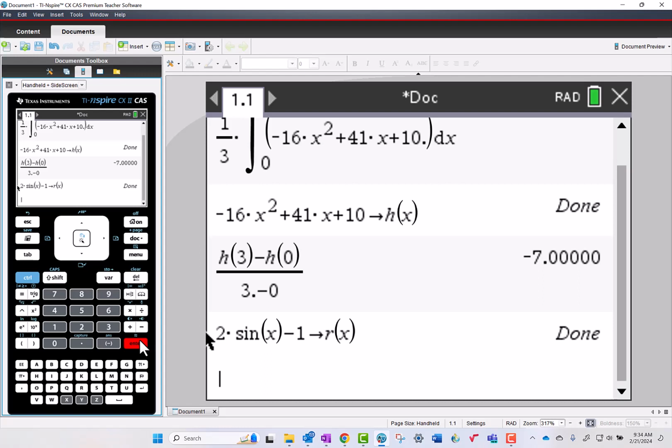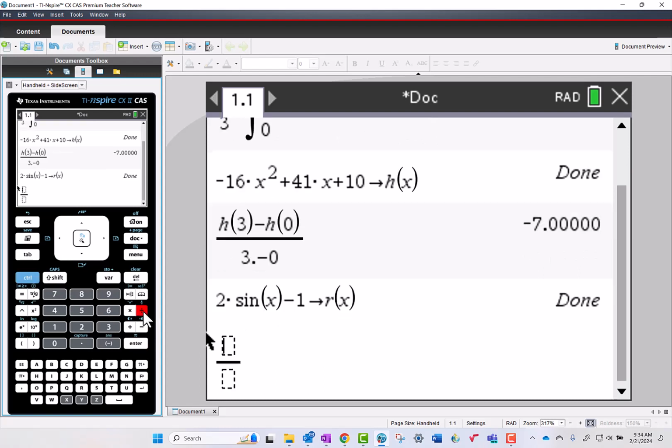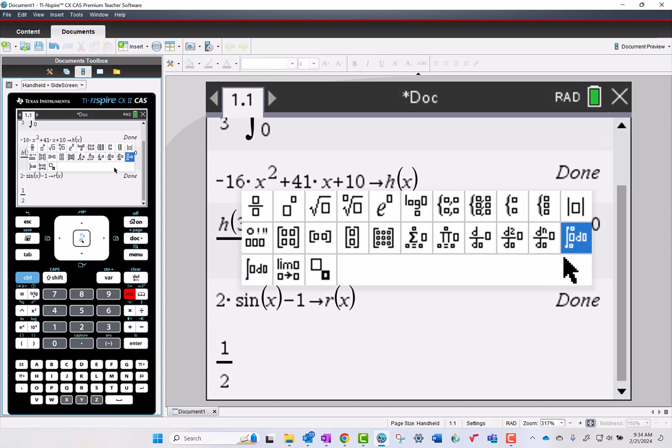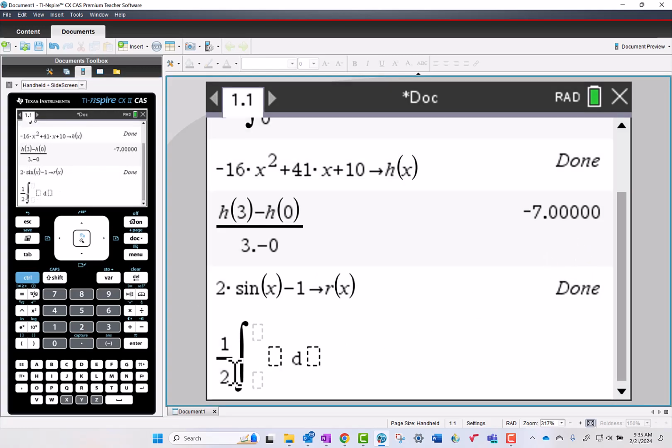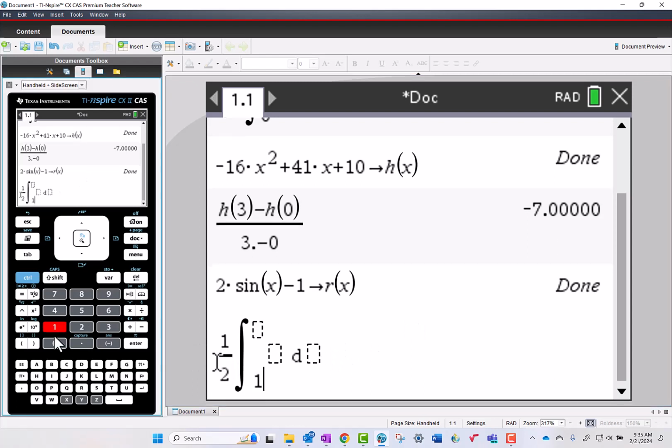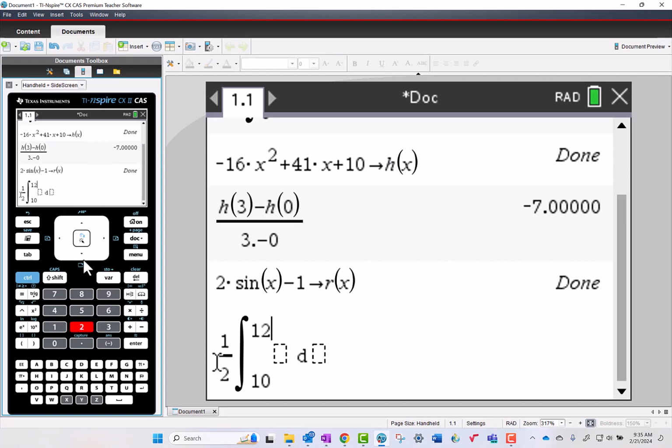All right, so now let's put our formula in. I'm going to do control divide. I'm going to put my 1, 12 minus 10 is 2, right? So 1 half. Then I'm going to use this little button to get my integral from 10 to 12 of r of x dx.